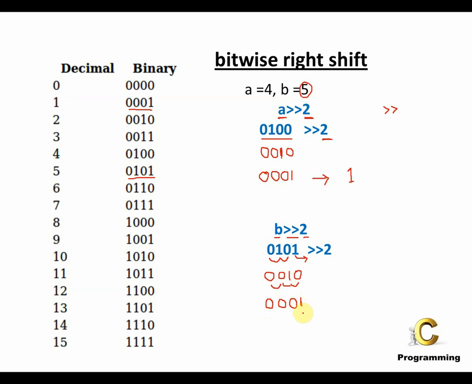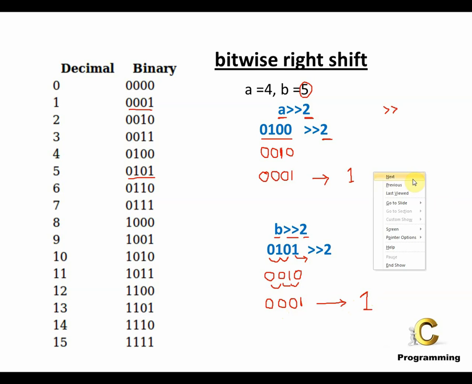So this is what you would get as a result in the end. What does this binary number represent in decimal? It will be a 1. So this is how you would perform a bitwise right shift.